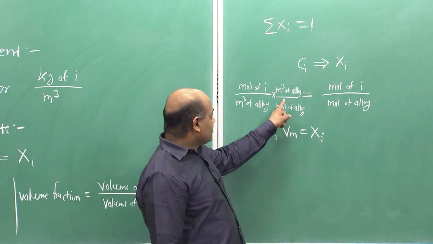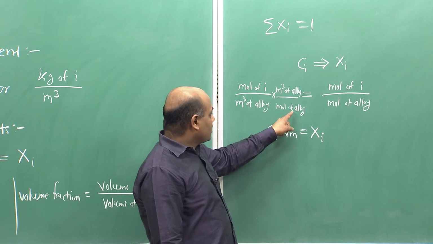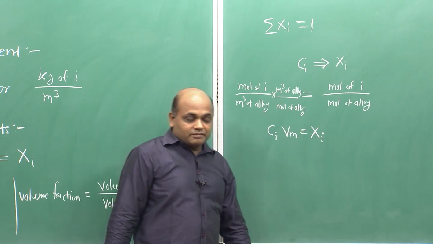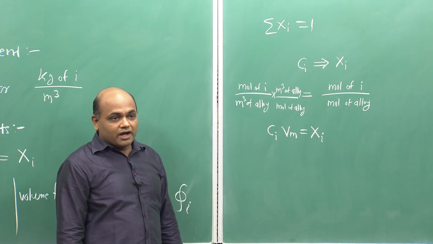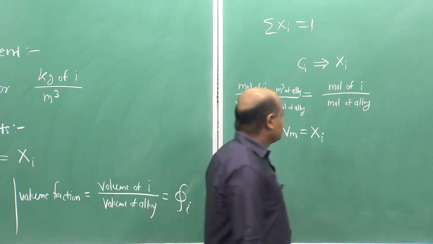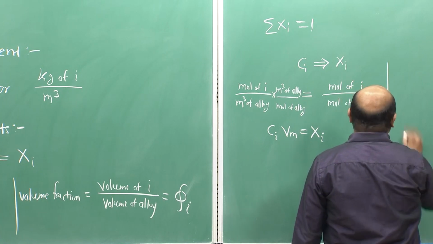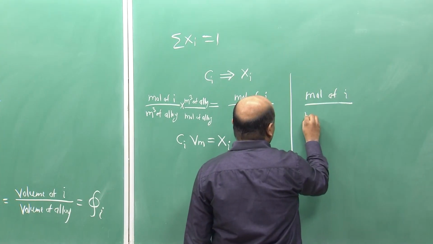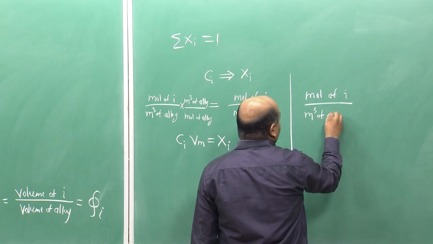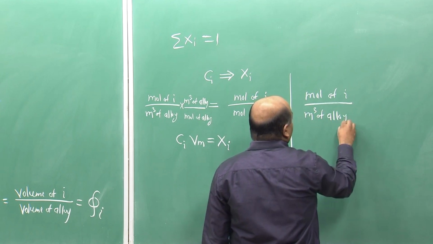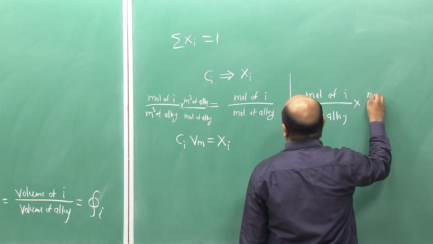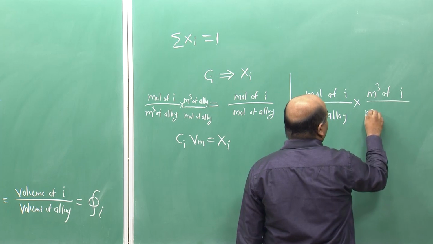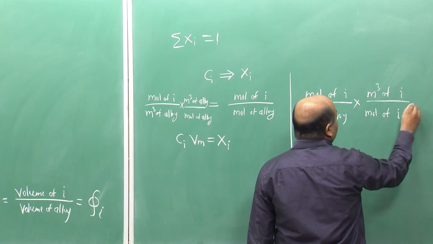So, if instead of multiplying Ci by meter cube of alloy by mole of alloy, I multiply by meter cube of i divided by mole of i, what should I get? So, mole of i divided by meter cube of alloy into meter cube of i divided by mole of i.